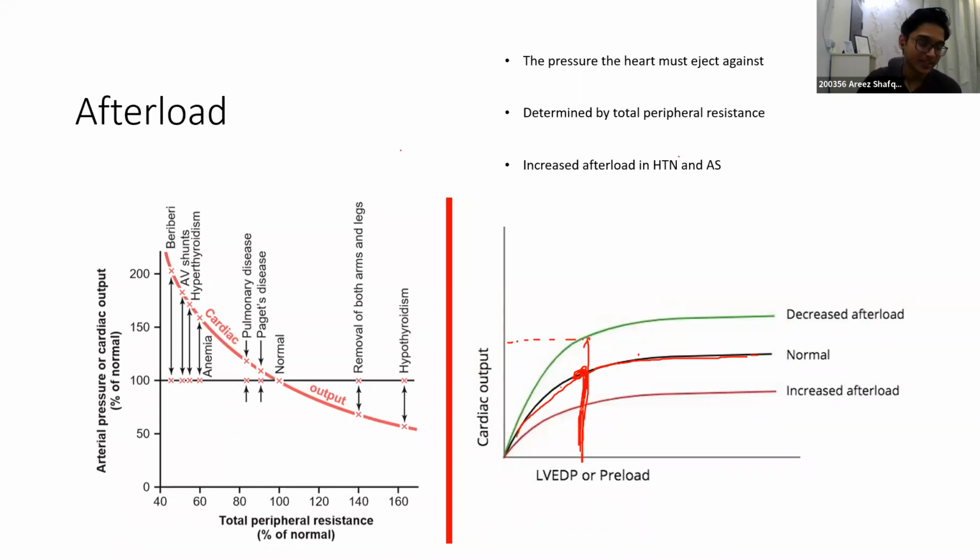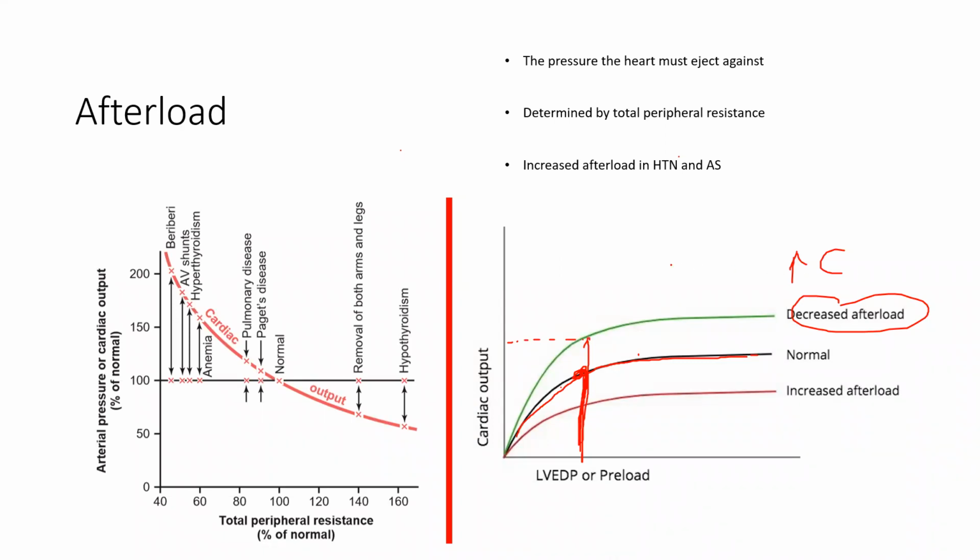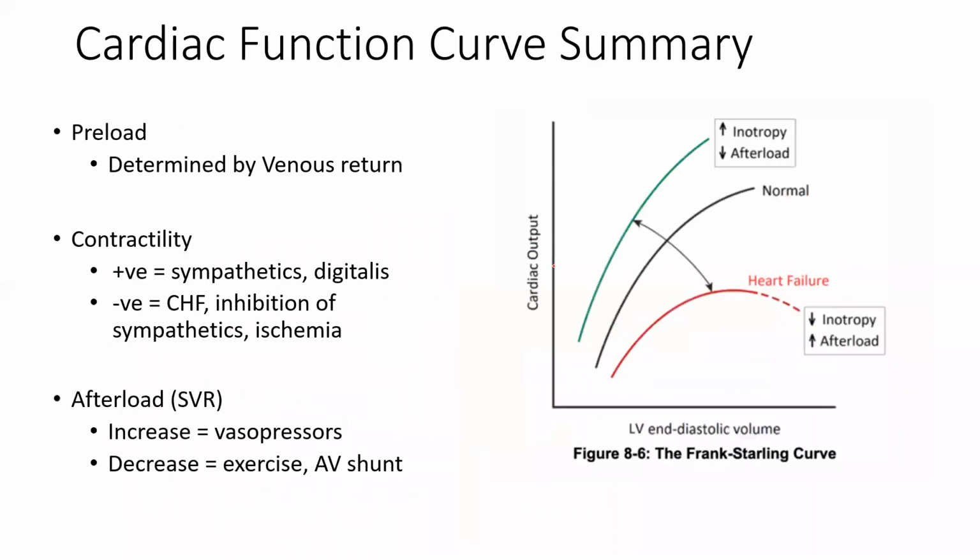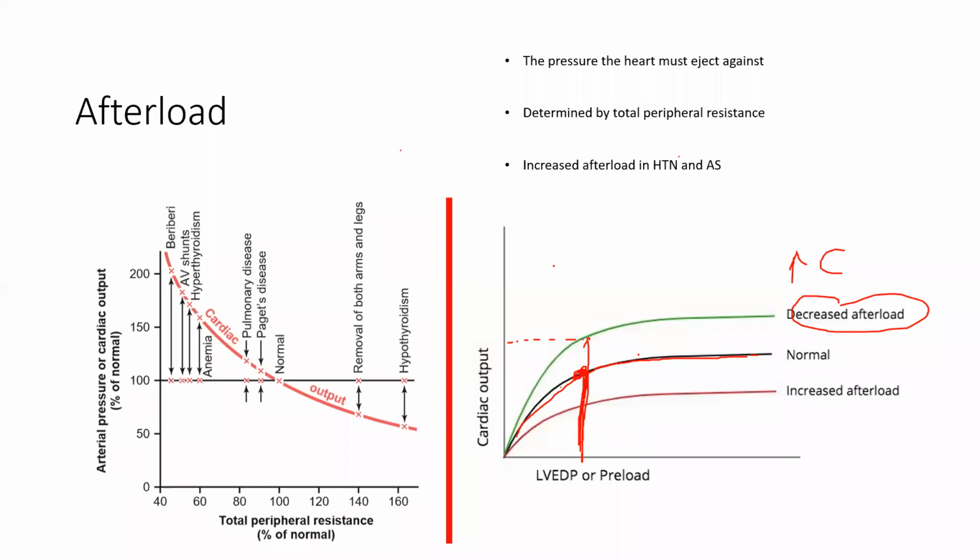Is this Frank Starling? No. So I have two options here: I either decrease the afterload by vasodilation, or I increase contractility. Good question. So cardiac function graphs move up or down. Venous function can increase the slope, decrease the slope, or move right or left. Yeah, exactly.